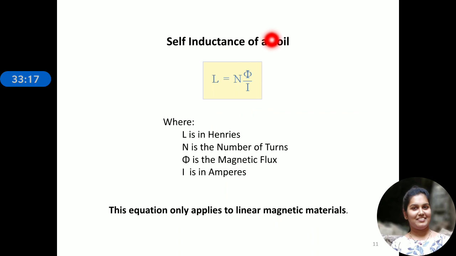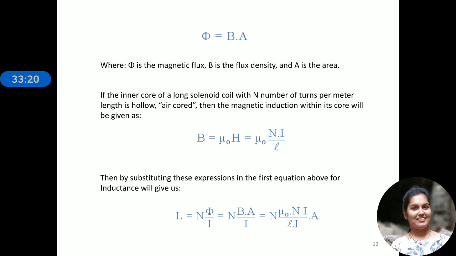So substituting that here, we write N into B into A, and here B can be written as mu naught into N into I divided by L. So L is equal to N into mu naught N into I divided by L into I into A. When you see here, some terms can be cancelled out, that is, I and I can be cancelled here.